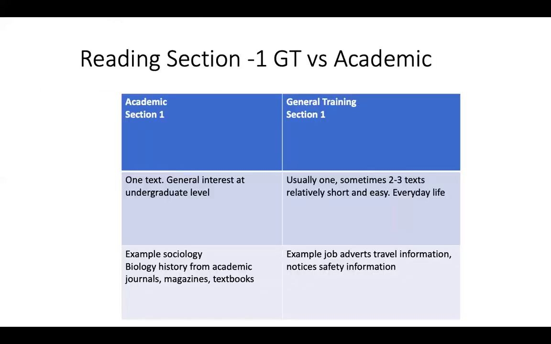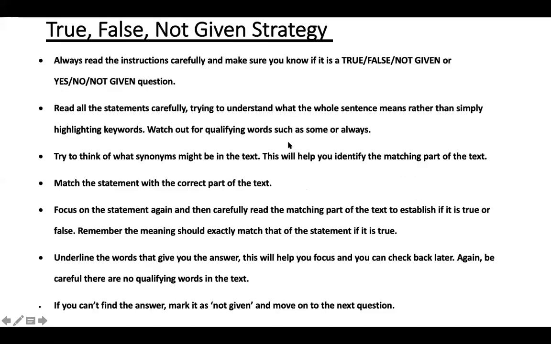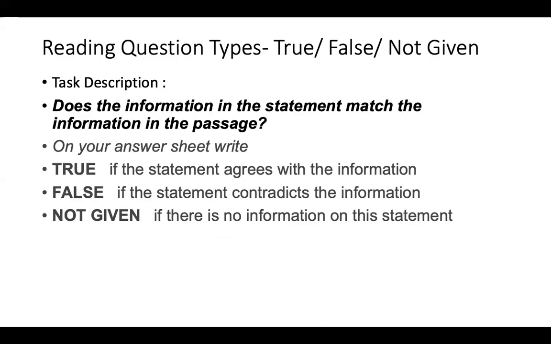Guys, your reading has about 11 to 14 types of questions, not counting all the completion type of question. Since all of you are doing your GT, this is one of the mostly repeated ones. You will come across this question type in every test: true, false, not given. And this is the strategy for your true, false, not given question.